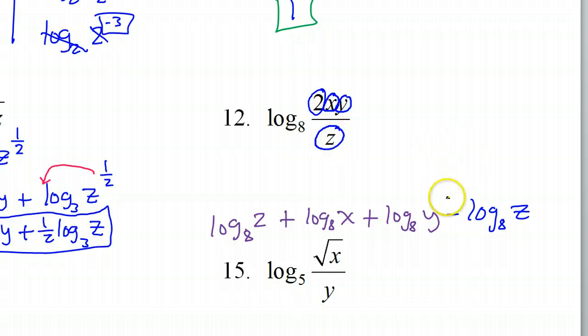Everything in the denominator is going to be subtracted. So everything in the numerator gets added, everything in the denominator gets subtracted. So 2xy, that's log 2 plus log x plus log y, and then minus log z. All in one shot. No need to do it in steps.